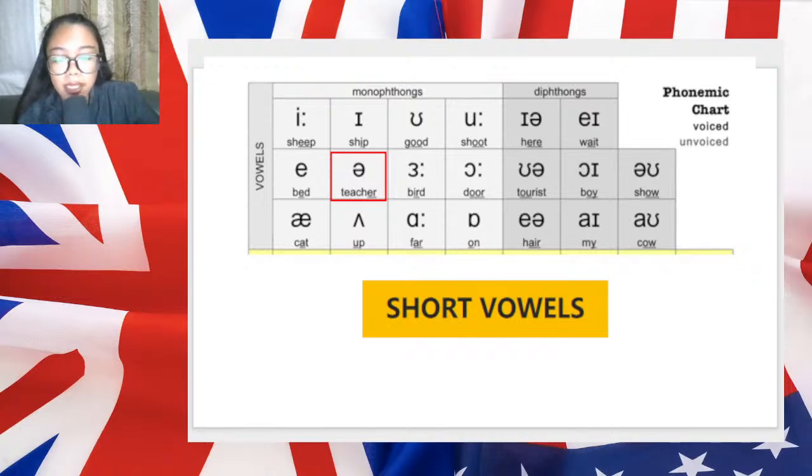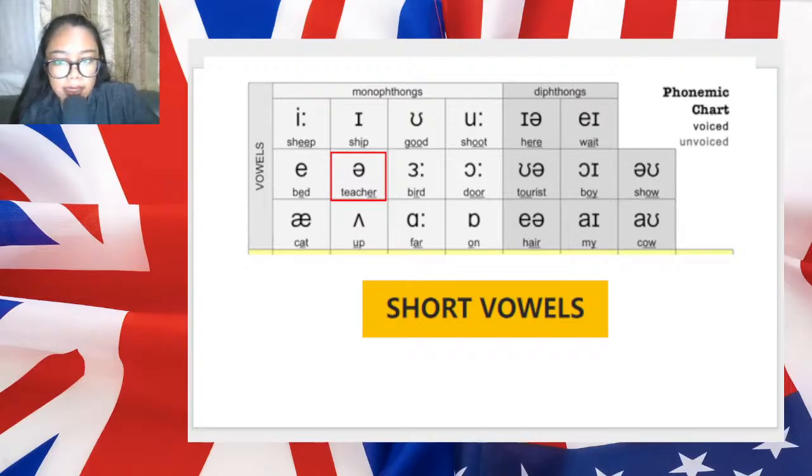If you're with me on our previous sessions, you will see that the most common vowel sound that you will ever encounter in all of our sessions is the schwa sound, especially in the unstressed syllable.